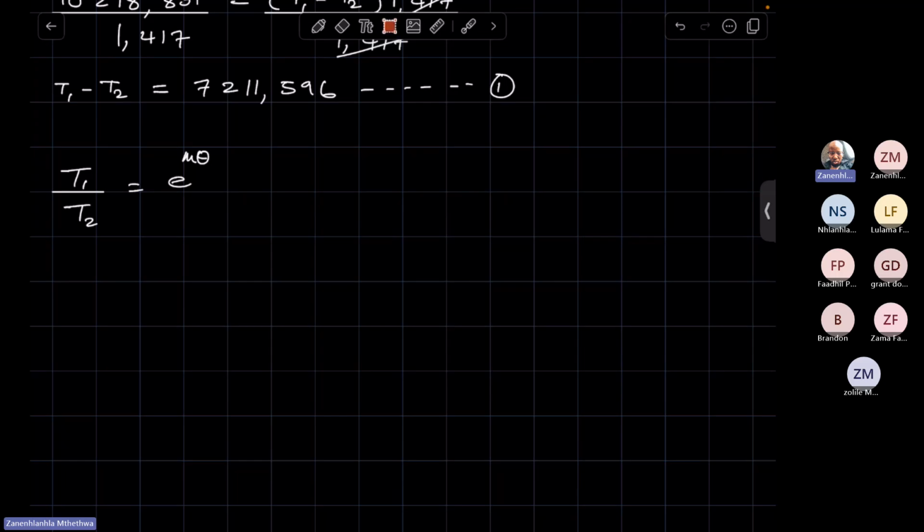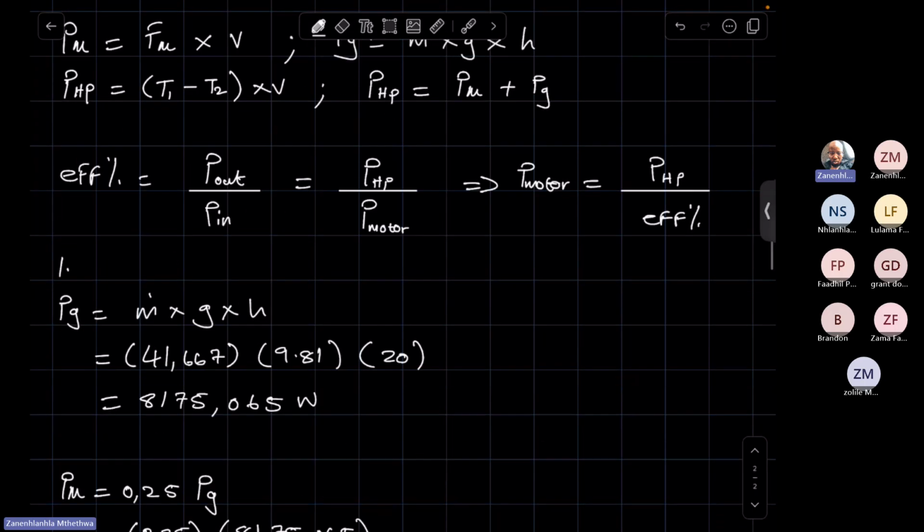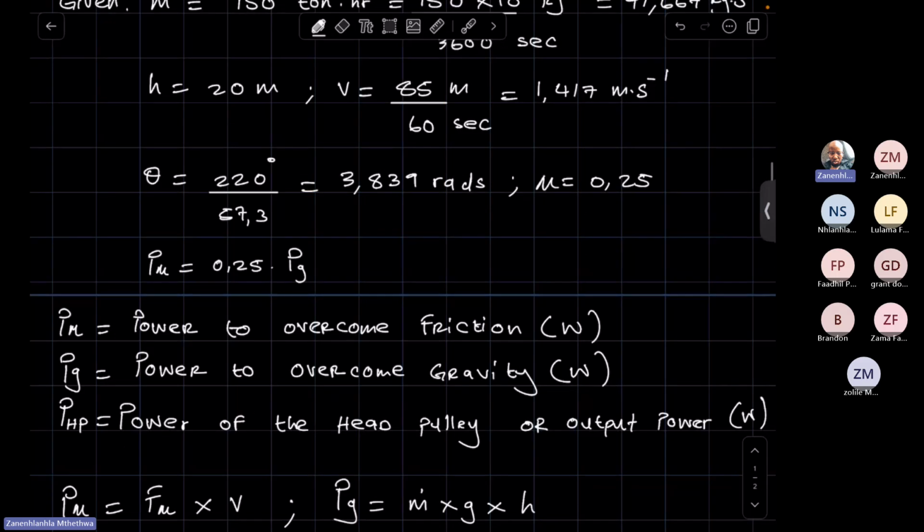So T1 over T2, so this remains the same, is equal to e to the exponent mu, I believe, is 0.25. Mu. Where's mu here? Oh, yes. So mu is 0.25, right?